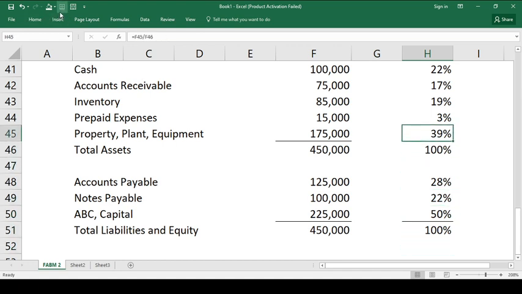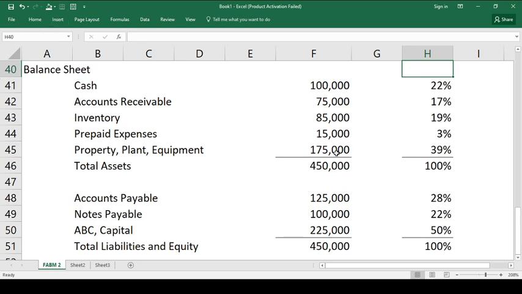Ito interpretation ko dito, sasabihin ko that the total liabilities and equity, ibig sabihin from the total assets na meron tayo, kasi pareho lang naman yung amount nito, 28% yan inutang natin on accounts payable, on account na basis. Then 22% of the total asset inutang natin at gumawa po tayo ng promissory note. Yun po pwedeng interpretation doon.